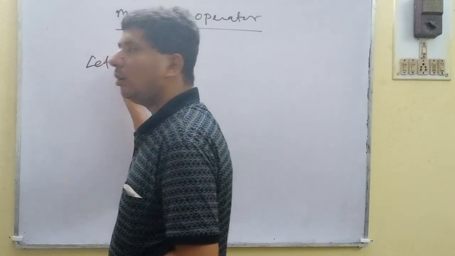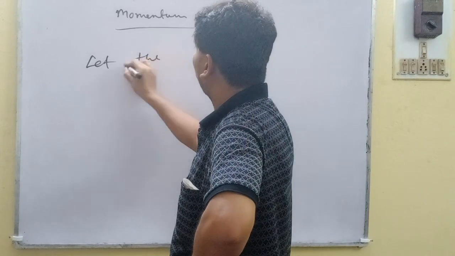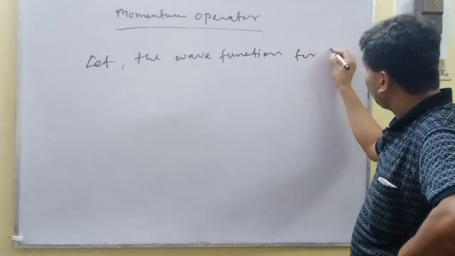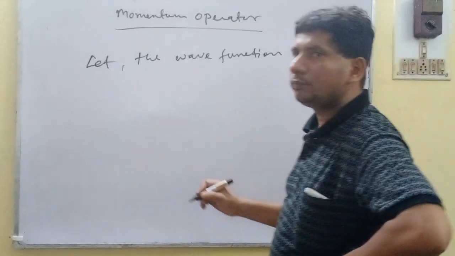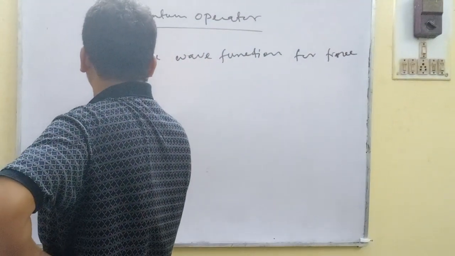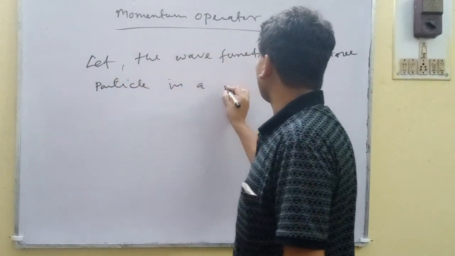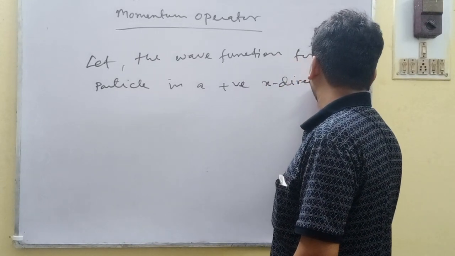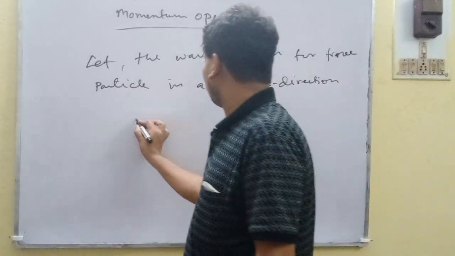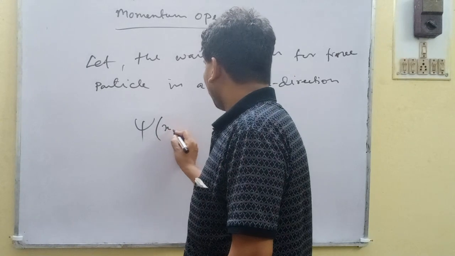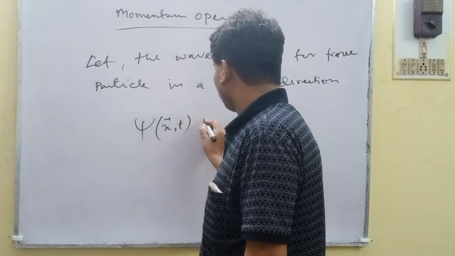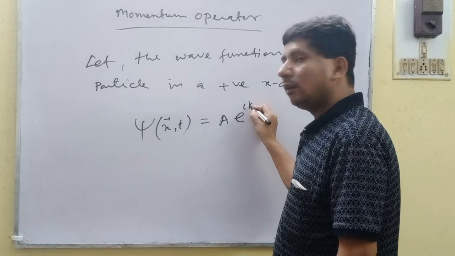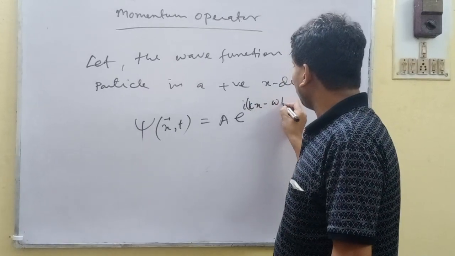Let the wave function for a free particle in the positive x direction, psi x t, already discussed, equal to A into e to the power i (k x minus omega t).